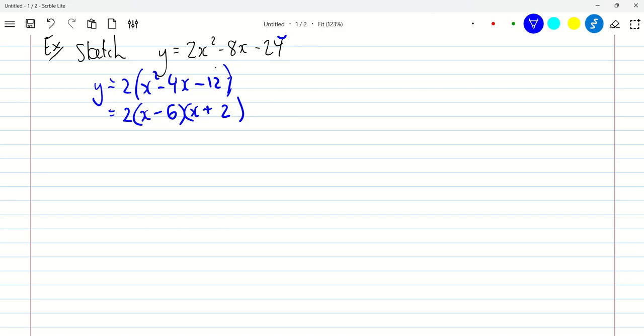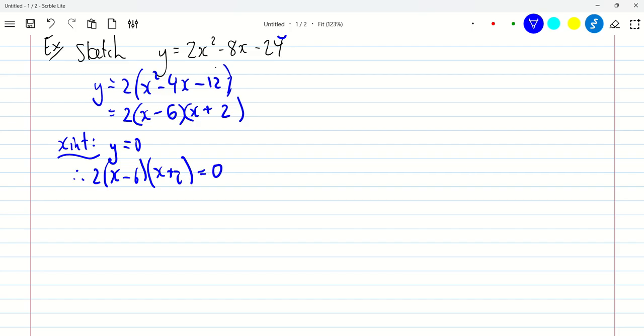Okay, so now that I've got that, life is actually pretty easy, and you'll go quicker than I will because I'll show you. So let's firstly find out what the x-intercepts are here, right? The x-intercepts are when y equals 0. In other words, we solve 2(x minus 6)(x plus 2) equals 0.